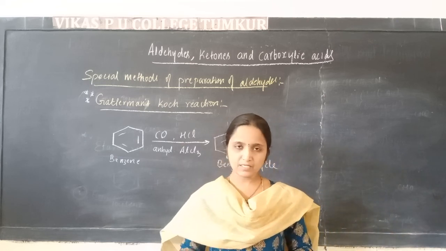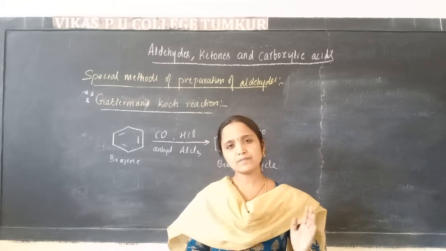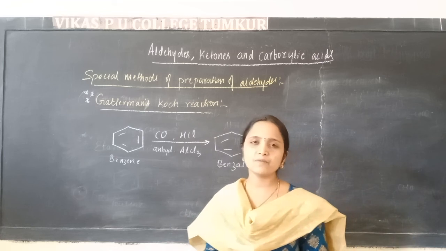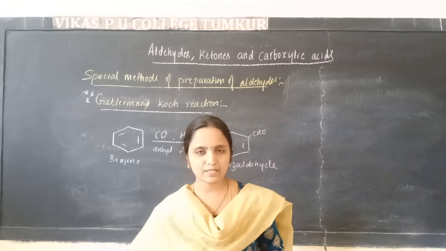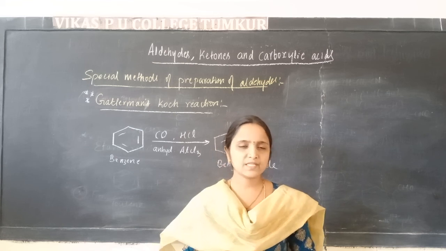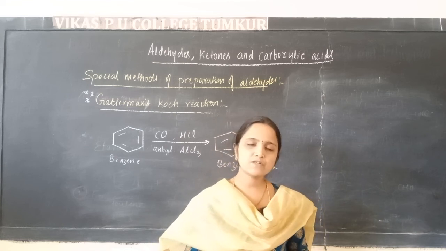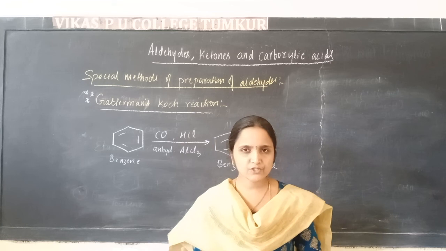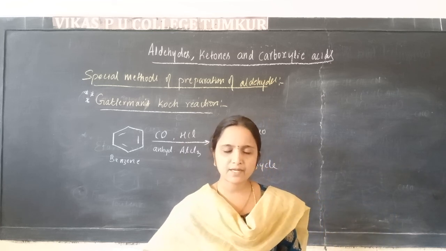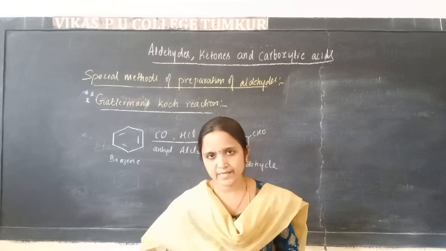Then nitriles undergo reduction in the presence of diisobutyl aluminum hydride, followed by hydrolysis, to give aldehydes. Esters also undergo reduction in the presence of diisobutyl aluminum hydride to give aldehydes.